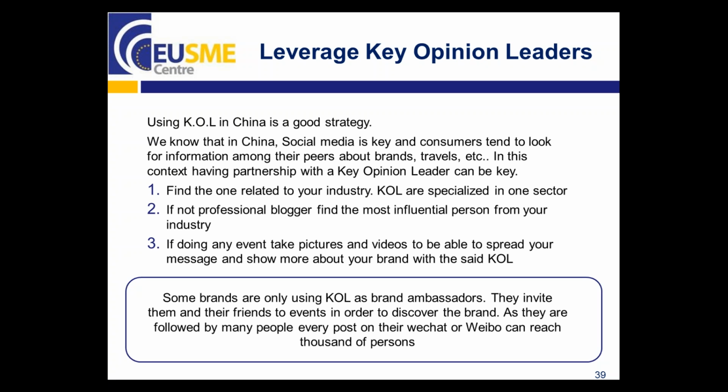But what is important is the influence they have among their network and inside your industry. So these key opinion leaders, you need to engage with them. You need to be super friendly with them to be able to spread your messages to the most number of people.